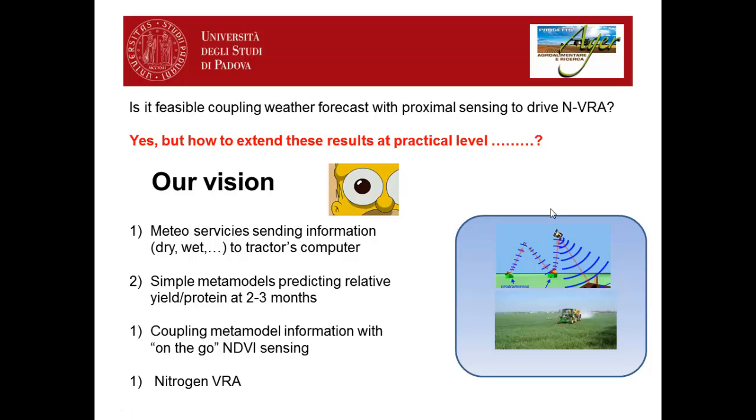Even here, not to predict in a very exact way, just to say okay, it will be high, medium high, or low. And according to this prediction, go into the field, fix the optimal nitrogen uptake, and apply nitrogen variable rate application.